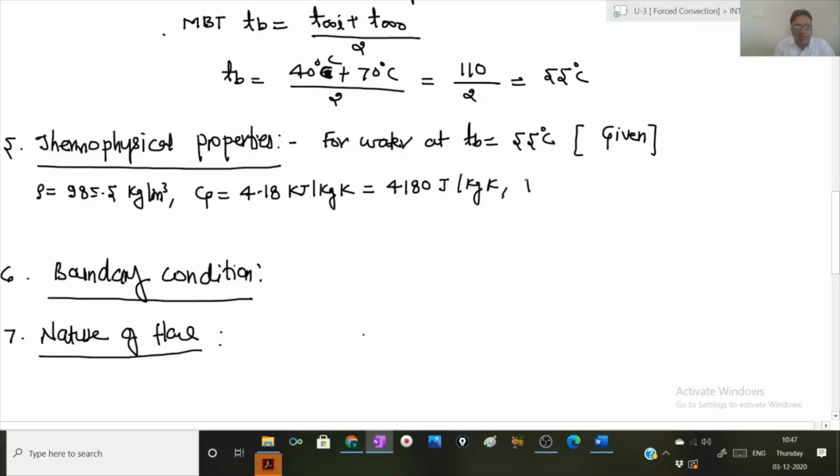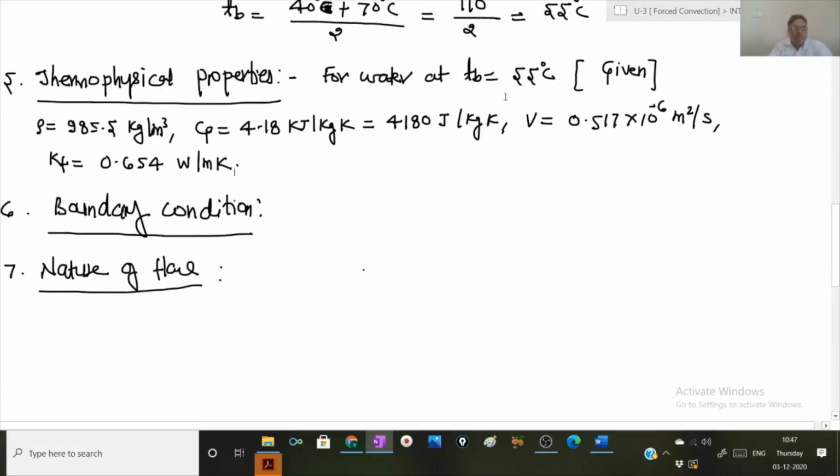Then nu value is given as 0.517 into 10 to power minus 6 meter square per second. And finally, thermal conductivity of water is given as 0.654 watt per meter Kelvin.